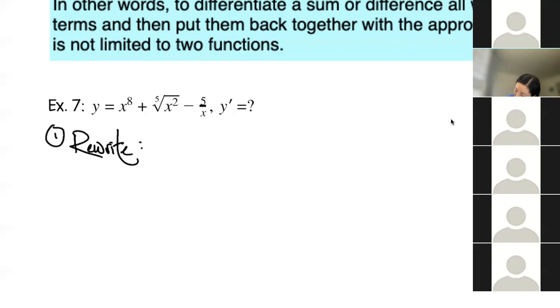So if I rewrite this equation, I'll get y equals, x to the 8th does not change, but here I get x to what power for that middle term? X to the 2/5, good, minus 5x to what power for the last term? -1, good. So that first line, no calculus, just the algebra.